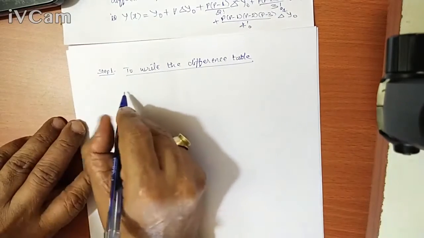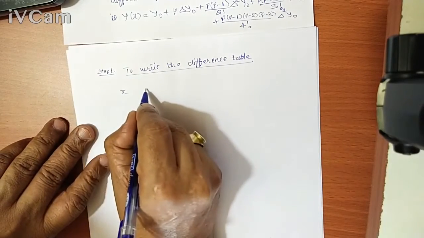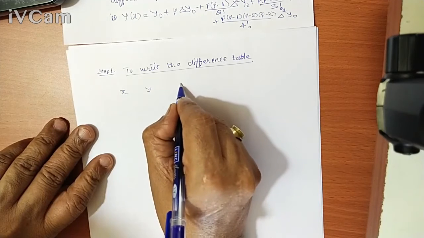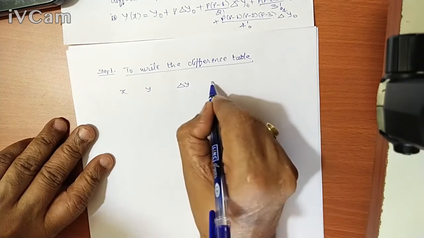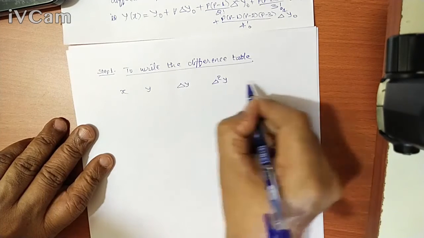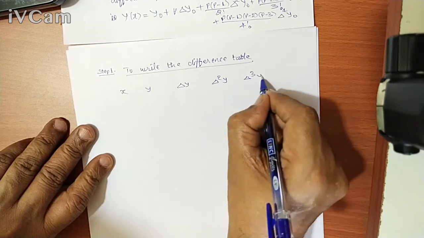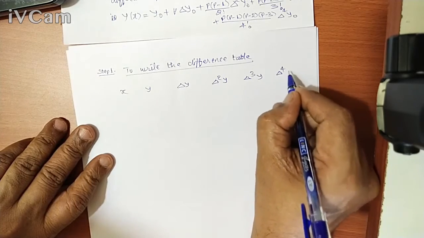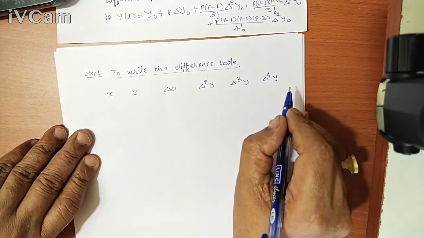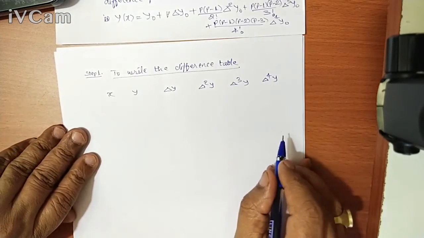First I start with x, then y, then del of y, then del squared of y, then del cube of y, then del raised to 4 of y. So only 4 difference columns I'll have.